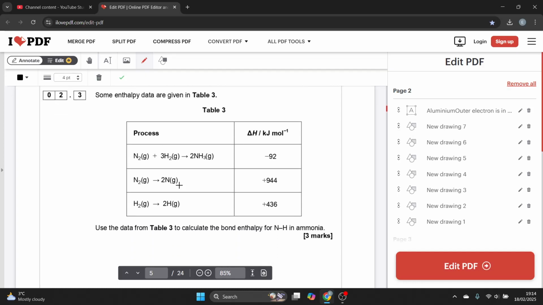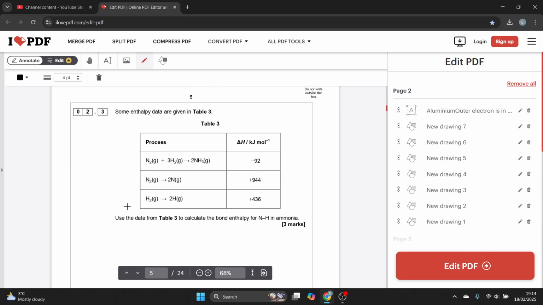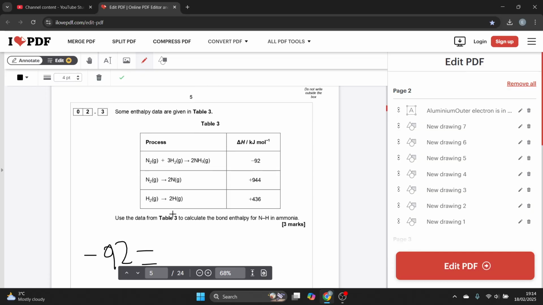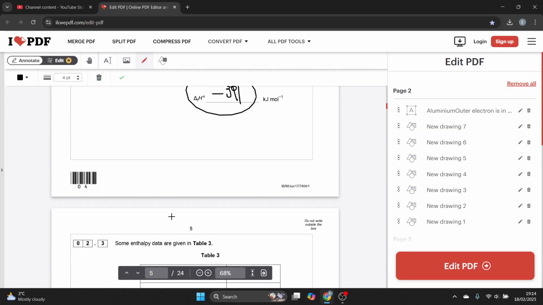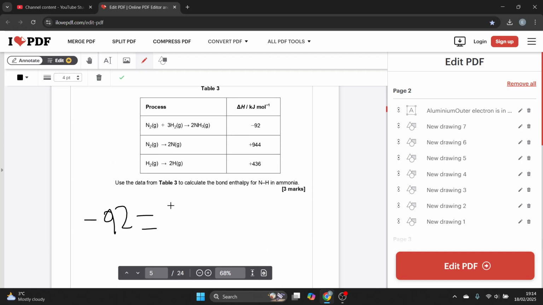Right, use data table 3 to calculate the bond enthalpy for N-H in ammonia. Well, I know delta H is minus 92. I want to find the bond enthalpy for N-H in ammonia, so I can say minus 92 equals energy required to break bonds, plus, I've got 3H2, so plus 436 times 3, minus energy released when new bonds are formed, so minus 6 N-H bonds.